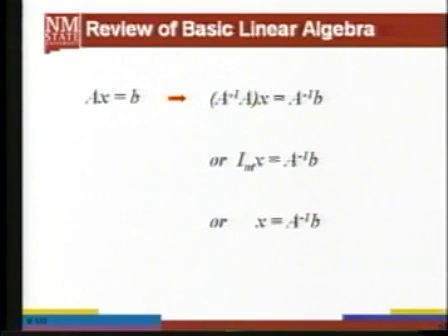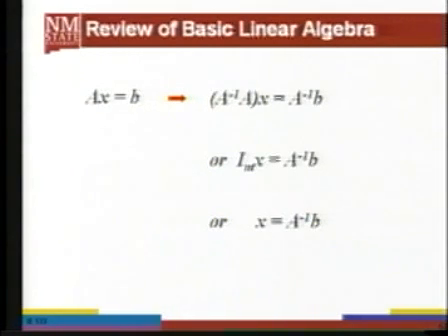Then we multiply both sides of AX equals B by A inverse, okay? And we see that any solution of AX equals B must also satisfy A inverse times AX equals A inverse times B, right?